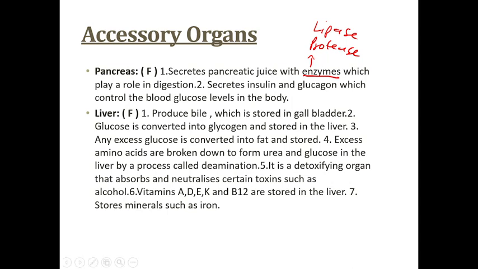These enzymes break down, not carbon dioxide, carbohydrates, lipids, and proteins. Pancreatic juices from the pancreas have enzymes that break down fats, that's your lipids. It breaks down proteins, it breaks down carbohydrates.